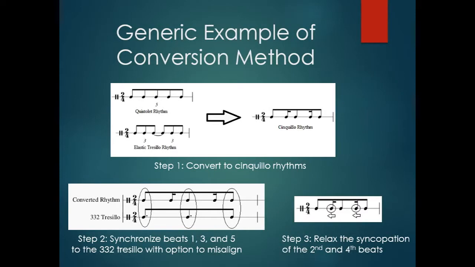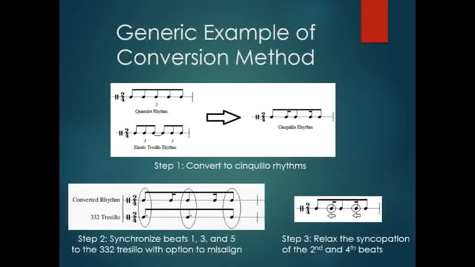Just as a generic example of the conversion method, step one, we convert to synkio rhythms. Step two, we coordinate the tercio rhythms. And the third step, we take those second and fourth notes and place them slightly earlier to relax the syncopation of those notes.